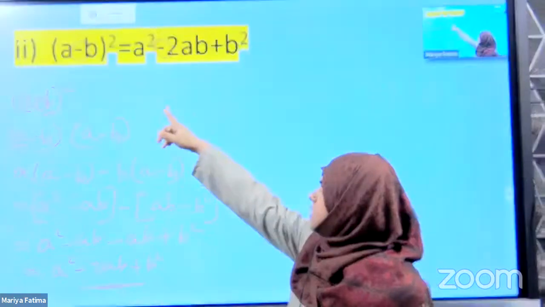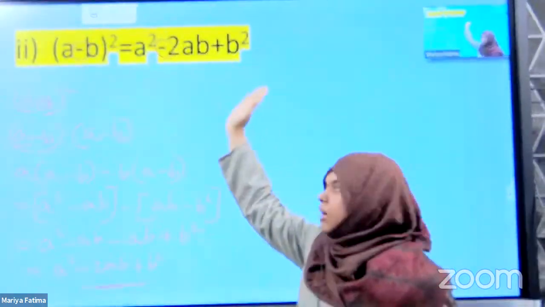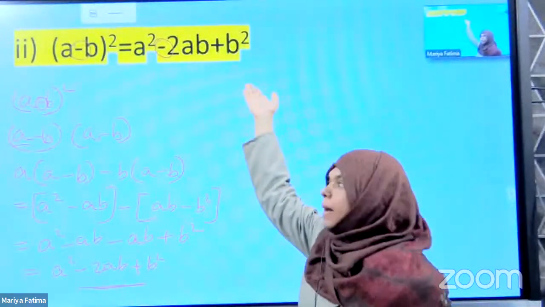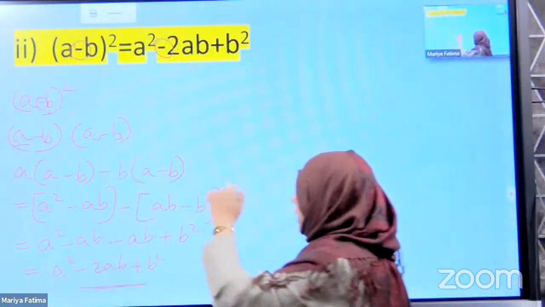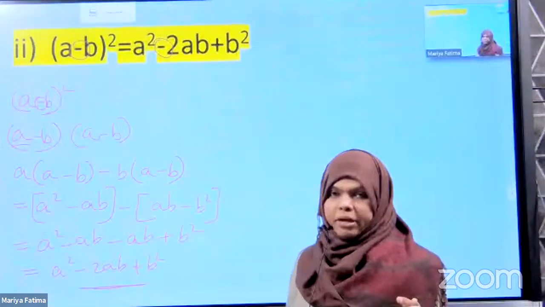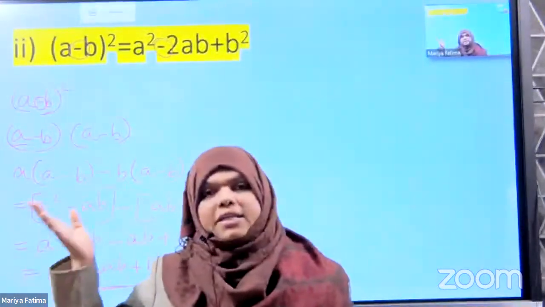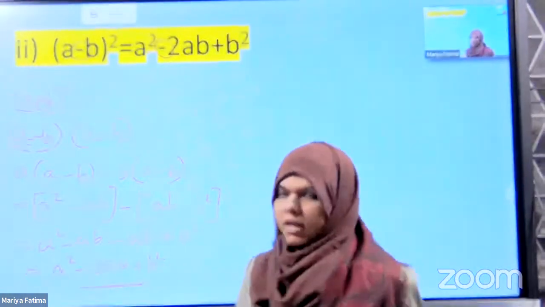You can remember like this. So A plus B whole square will become A square plus 2AB plus B square, whereas A minus B whole square will become A square minus 2AB plus B square. Okay, if you are taking any value of A and B and you substitute in this identity, you will get LHS and RHS equal.